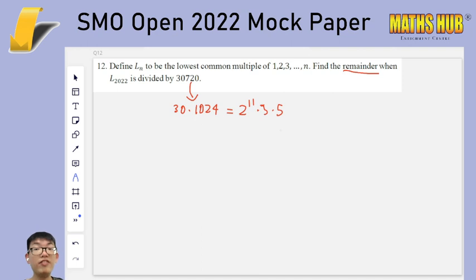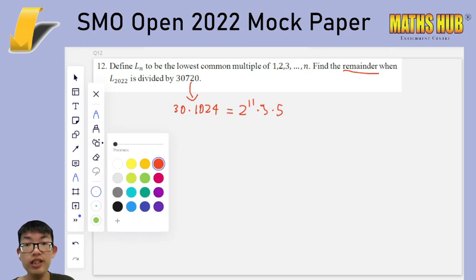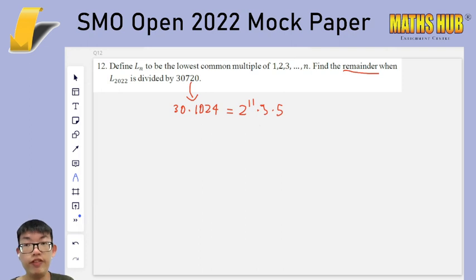Okay, so it suffices for us to split it open, but then again, it is obviously divisible by 3 and 5. How about 2? Is it divisible by 2 to the power of 11? Well, if we go from 1 up to 2022 and take the lowest common multiple, the number with the highest power of 2 is precisely 1024.